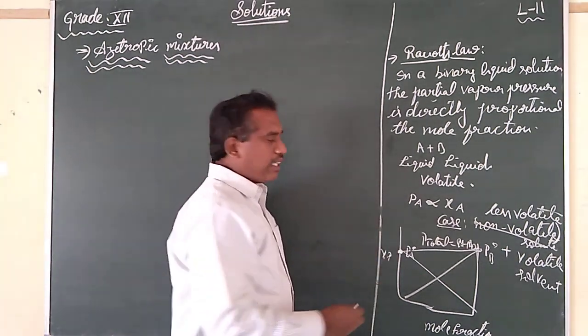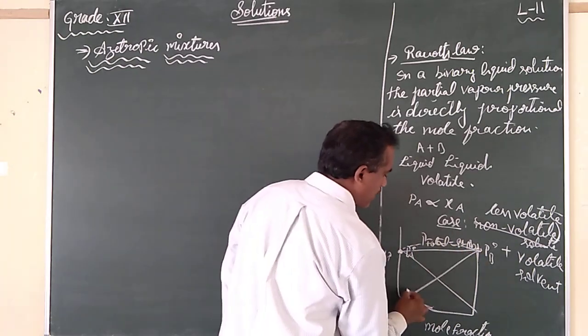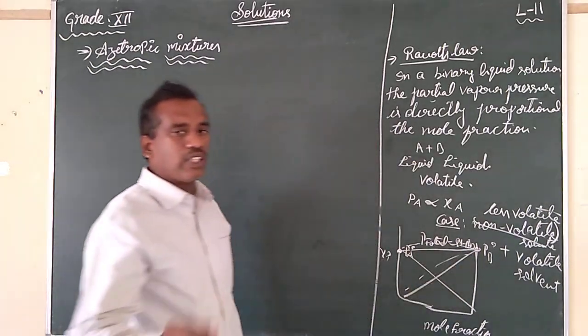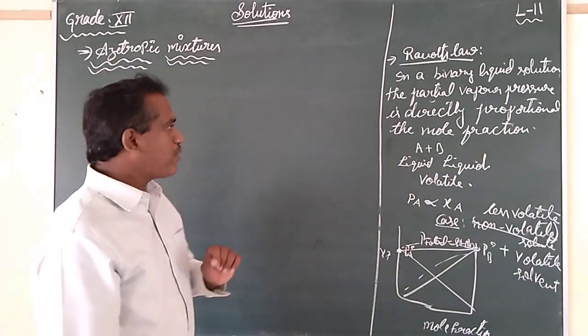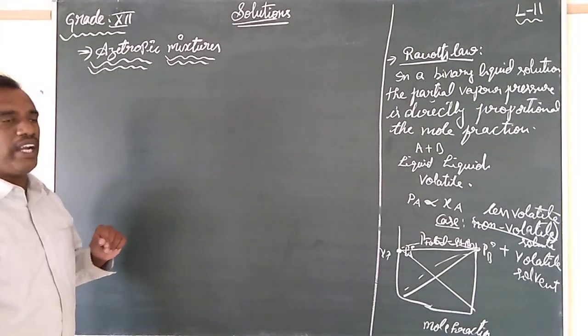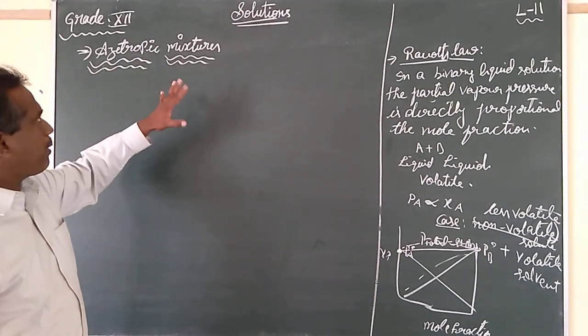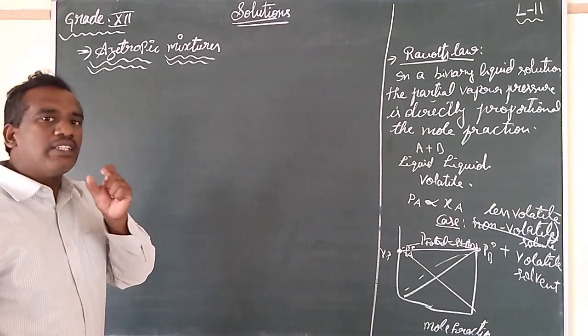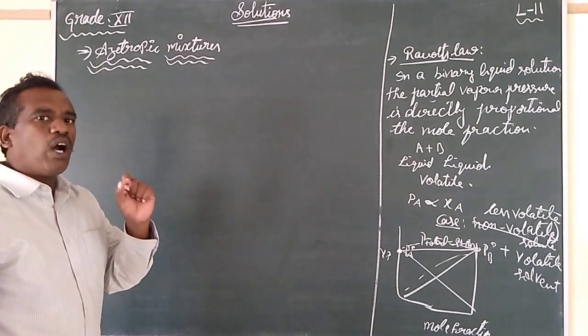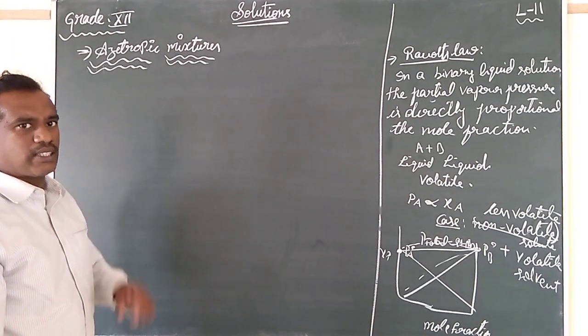Then we learned that there is a positive deviation and a negative deviation from Raoult's law. Those are the main basics we have learned. But now, in this topic, we are going to discuss azeotropic mixtures. What are azeotropic mixtures?